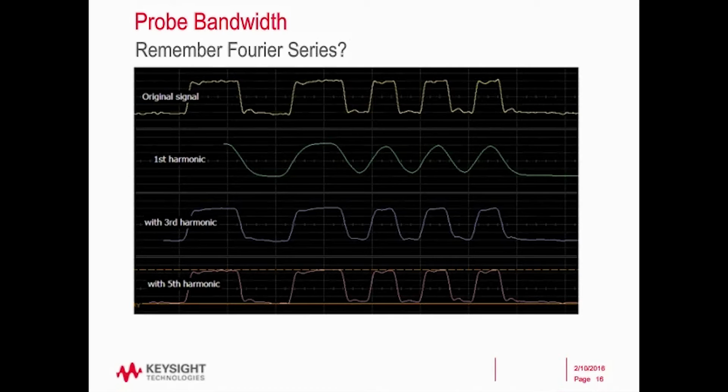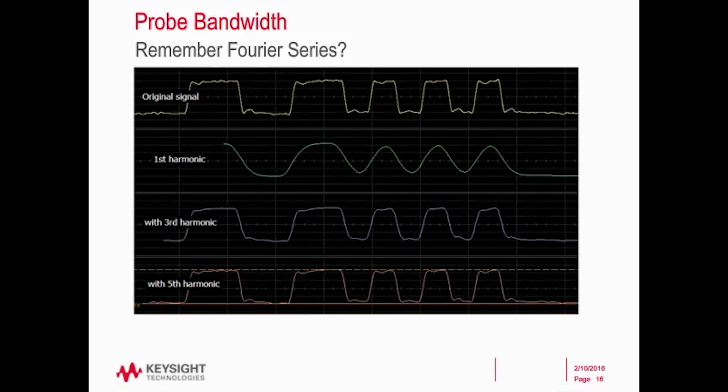If I go out even farther to the fifth harmonic, I can see that my edges are nice and fast, the corners are crisp, and I'm also seeing detail on the top and the bottom of the waveform. So with the Fourier series, I build up a series of high-frequency sine waves, first, third, fifth harmonic in this case for the square wave, and as I go higher in frequency, I get a more and more detailed square wave.